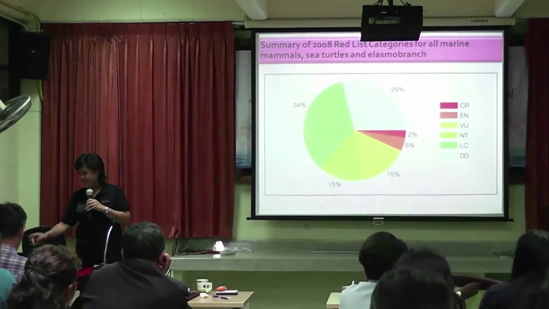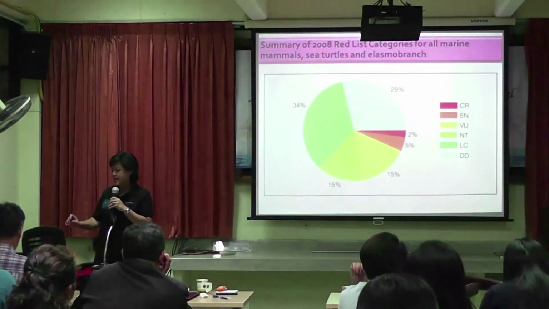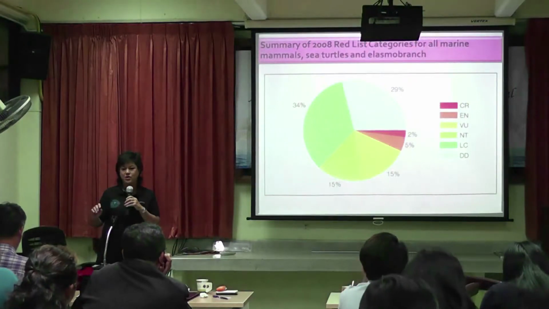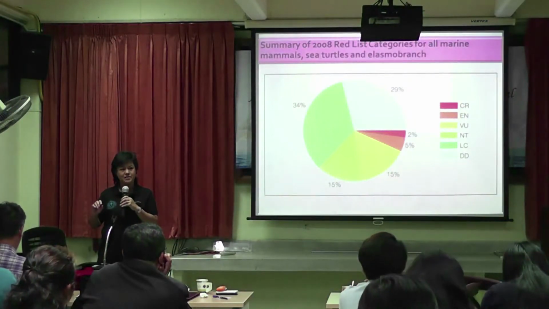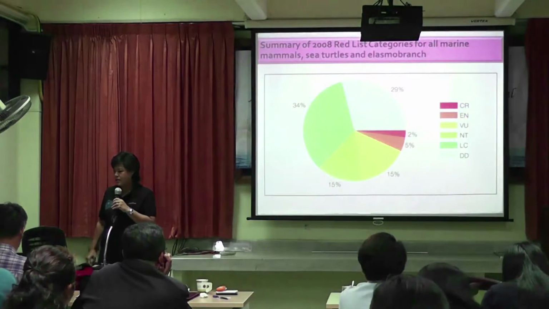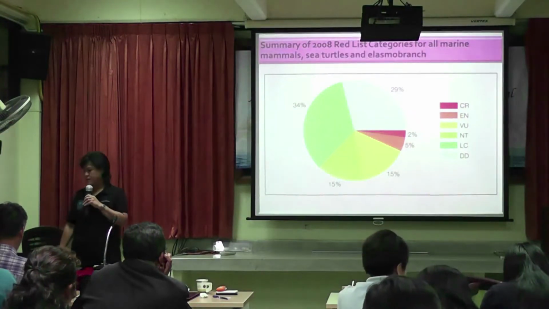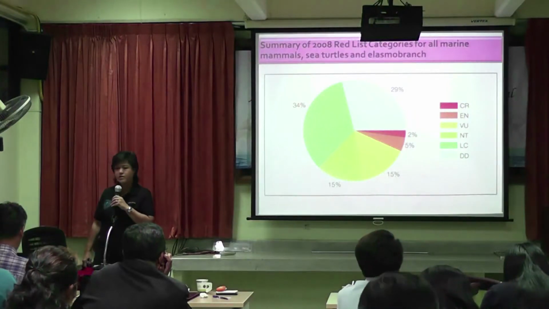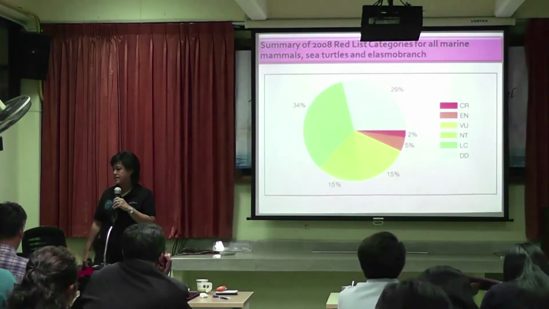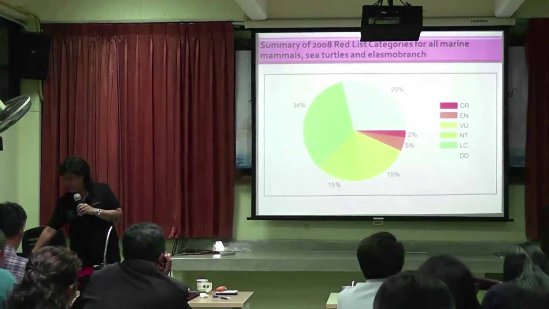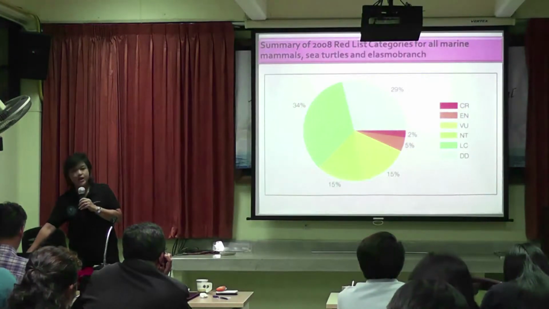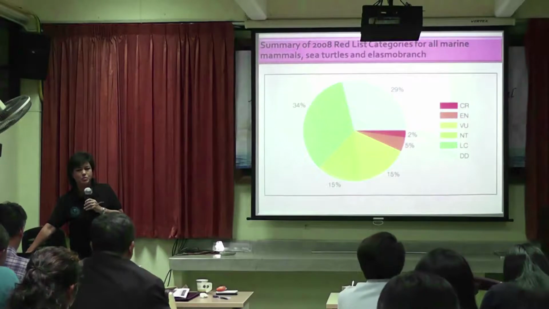So we have a list. The red one is 2% of the animals that we are trying to save, these exotic marine animals. They are critically endangered, and 5% are endangered and 15% vulnerable to becoming extinct. And the green one is near threatened, like almost being threatened.